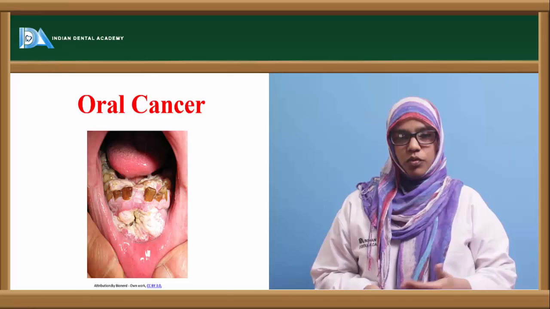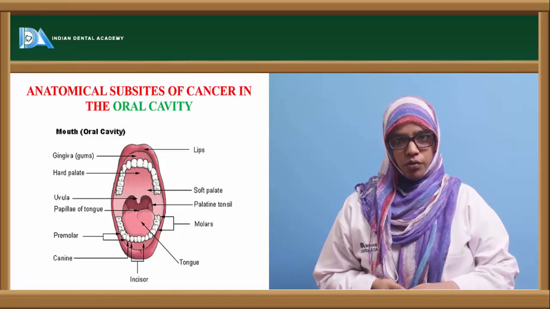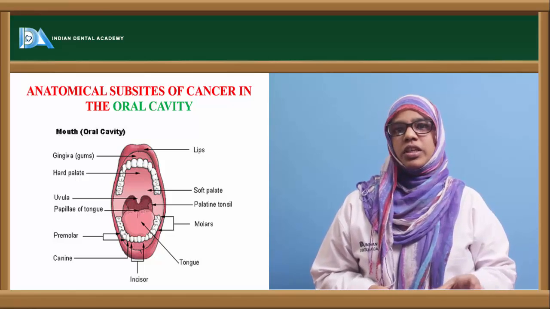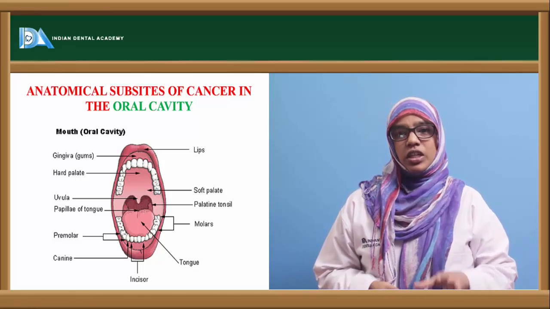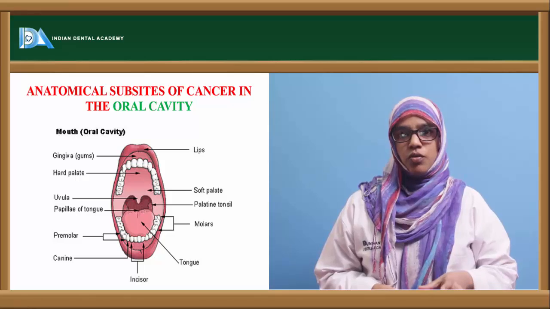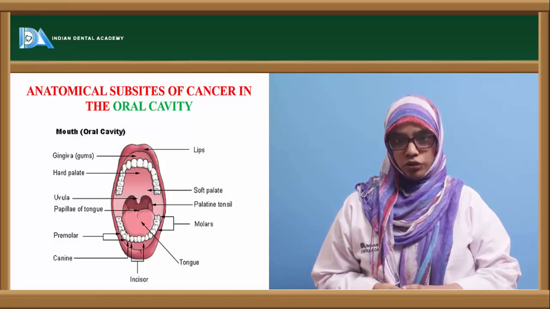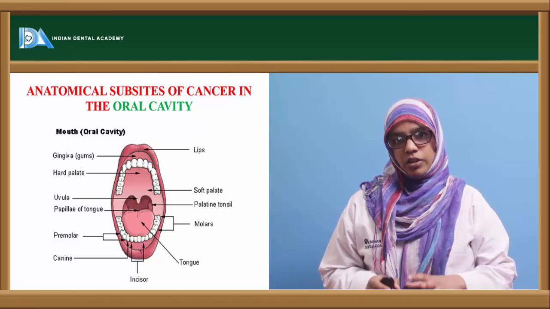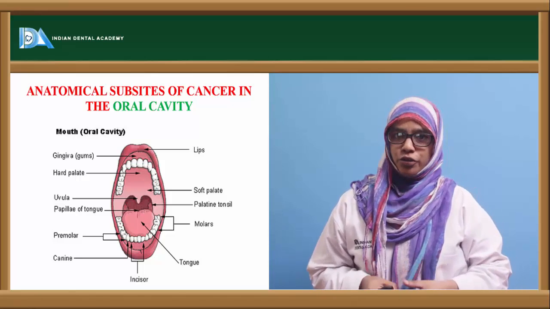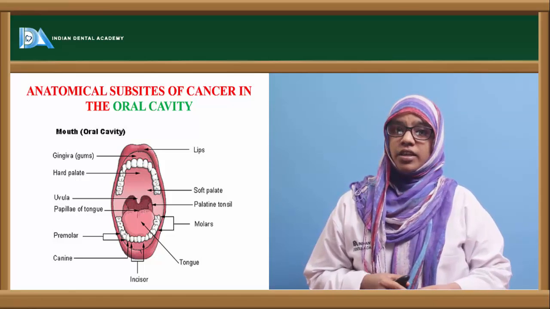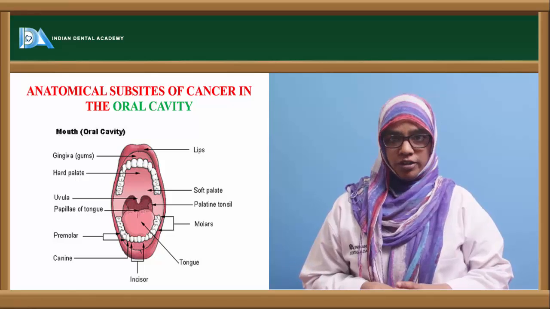Now, let's move on to the anatomical subunits of the oral cavity. Now, you must be wondering, why are we going to talk about the anatomical subunits? We need to talk about the subunits because oral cancer occurs at specific sites depending upon the etiological factors. Basically, oral cancers are broadly divided into those that occur in the floor of the mouth and the tongue, and those that occur in the buccal vestibule and the dentoalveolar segment.